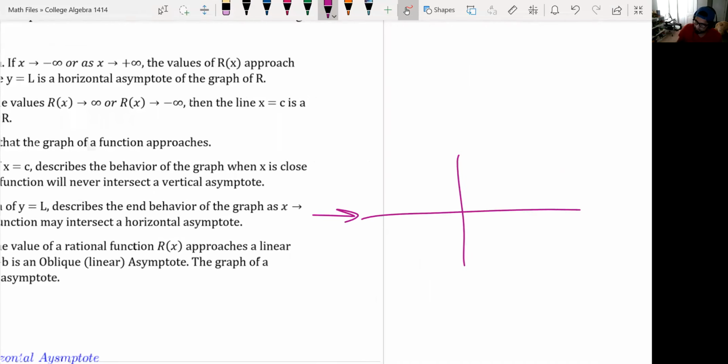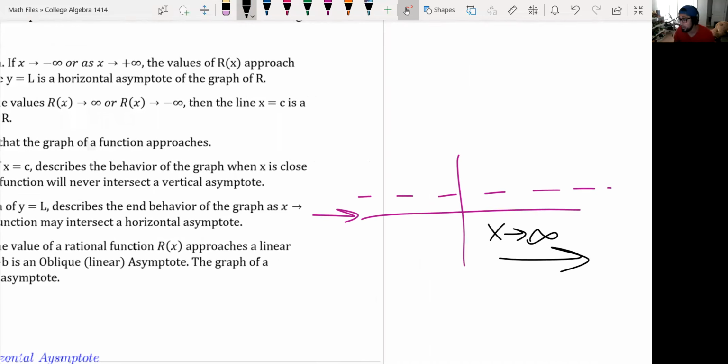There's my graph, and let's say I have my horizontal asymptote here. As x approaches infinity, so as x is headed that way, our graph can come down and get super close to that horizontal asymptote. It could intersect, or it may never ever intersect, but you are allowed to intersect if possible.